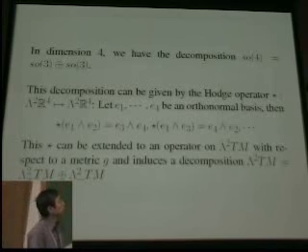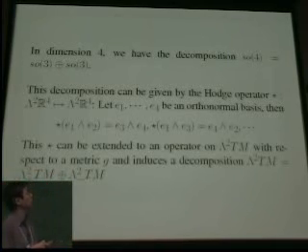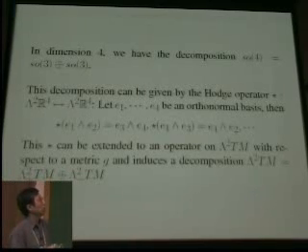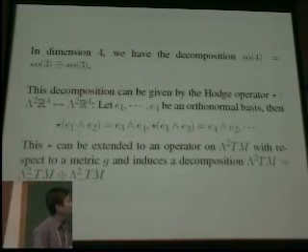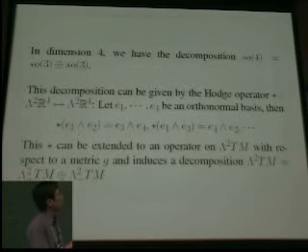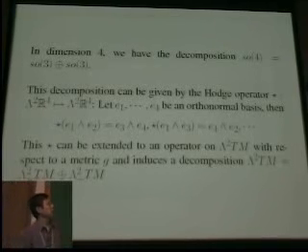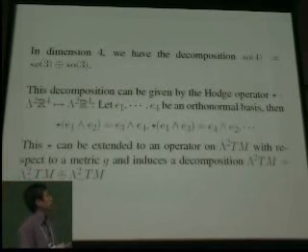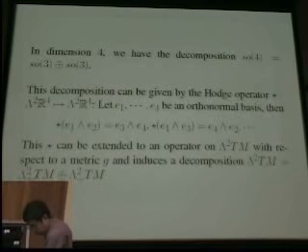This decomposition can be given by the Hodge operator, a linear operator defined on bivectors. You define it on a basis, then extend it linearly to the whole bivector space, and you can extend it to a manifold with a given metric by doing this operator fiberwise.